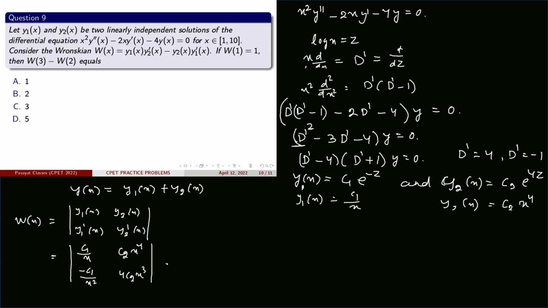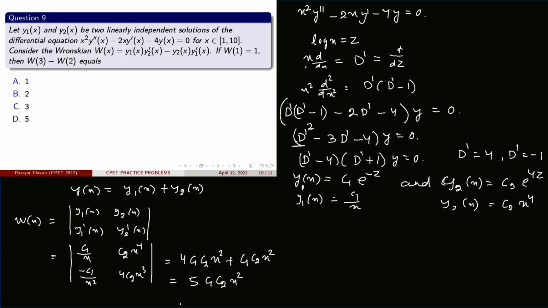On solving this determinant, we get this one is 4 c1 c2 x square plus this one is c1 c2 x square here, and further solving this gives this one is 5 c1 c2 x square.